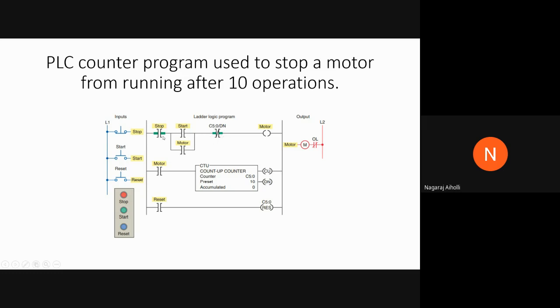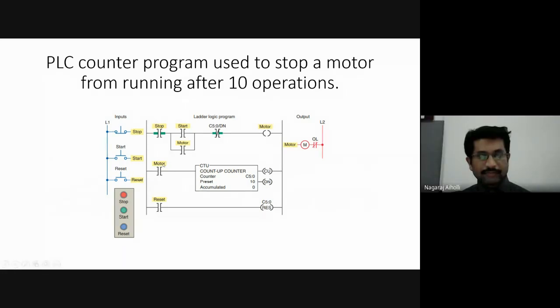That means the stop bit is true, the start bit is true, the C5:0/DN bit is true, so the motor will start. The motor coil is energized. As the motor starts, the motor contacts are closed. When the motor contacts are closed, the second rung becomes high, going from low to high.